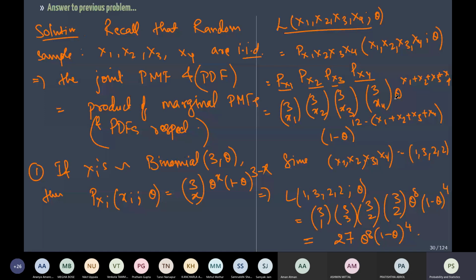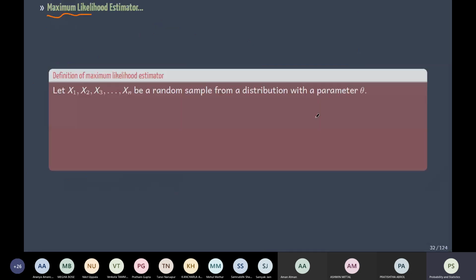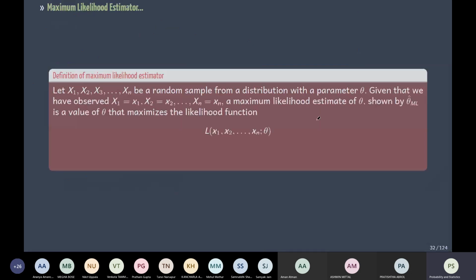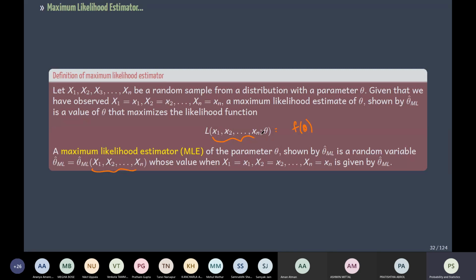Then theta is known, so now it becomes a function of only x1, x2, x3, x4. So that's what we are saying here. Theta hat ML boils down to this: after you have maximized, theta is gone, and now you can treat this as a function.